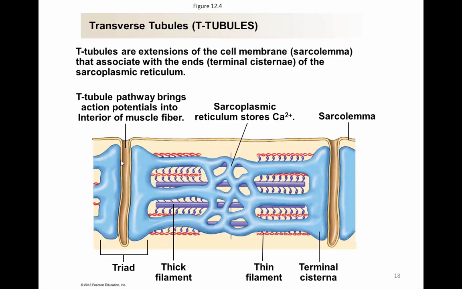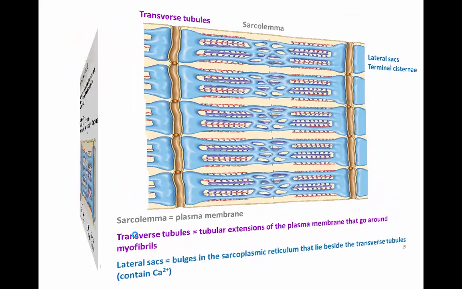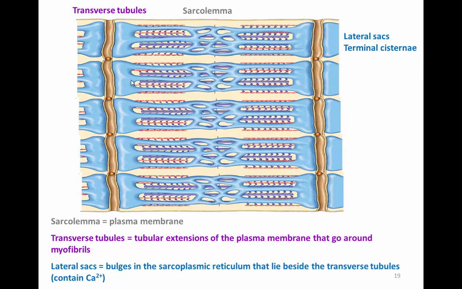There's a coupling between the electrical signal in the transverse tubule and the calcium release from the sarcoplasmic reticulum that we'll discuss in just a few slides. So this shows a network of the transverse tubular system and the sarcoplasmic reticulum, the lateral sacs full of calcium.